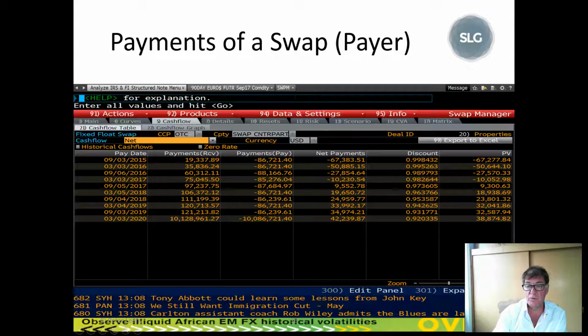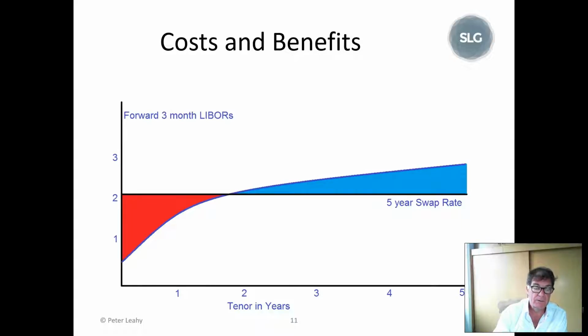Those amounts all, of course, in this case, sum to 0. So, as discussed before, an initial cost and the expectation, but no promise, of course, of a future reward.